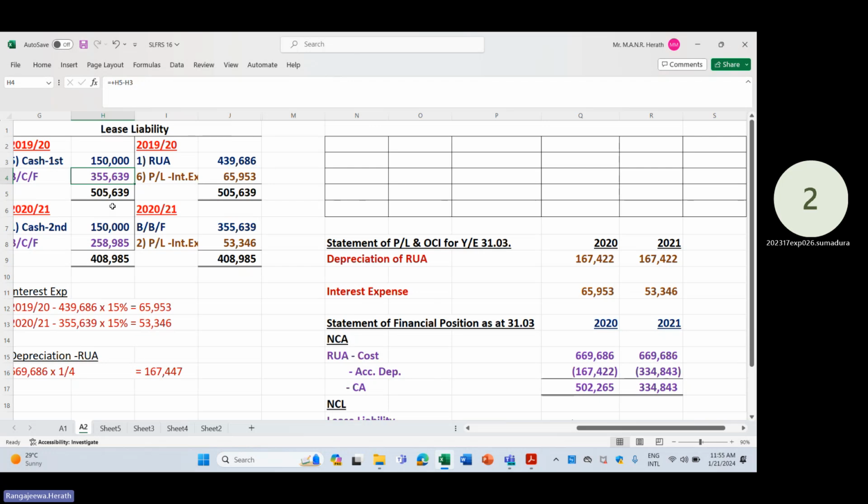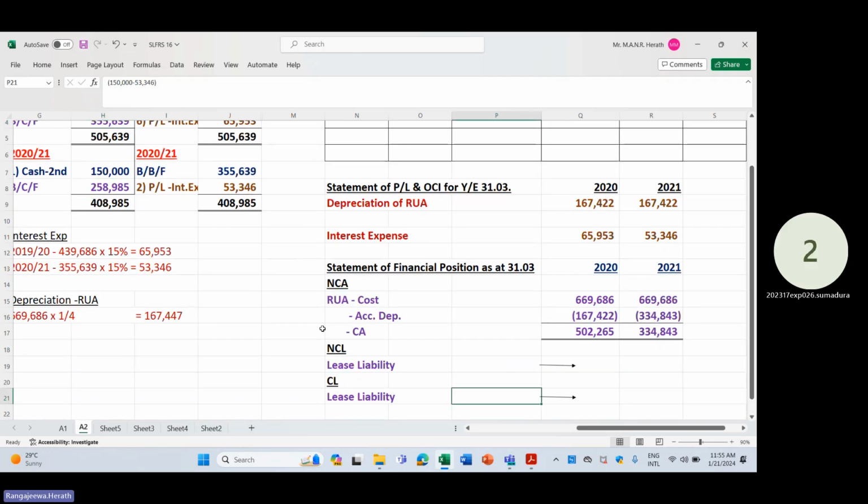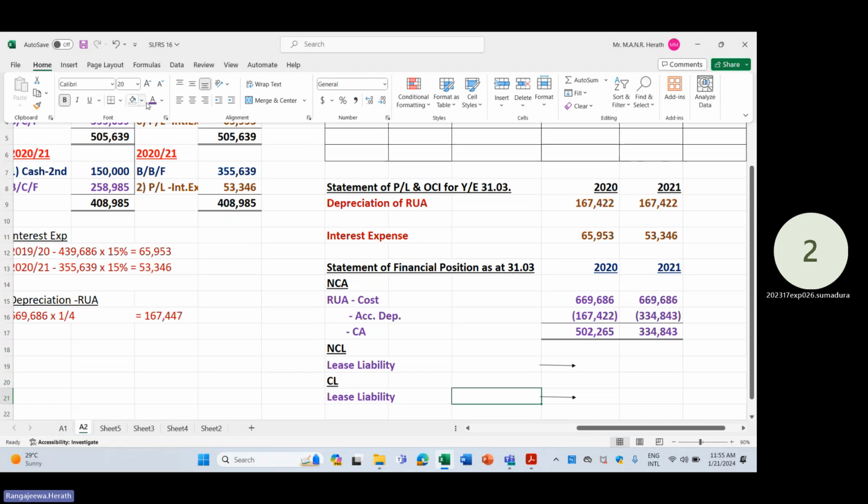Now here the lease liability 355, remaining balance payable in 3 more years. The amount payable in the next year you can find as current liability. The current liability is next year installment, 150. From that you deduct the second year interest 53,000.